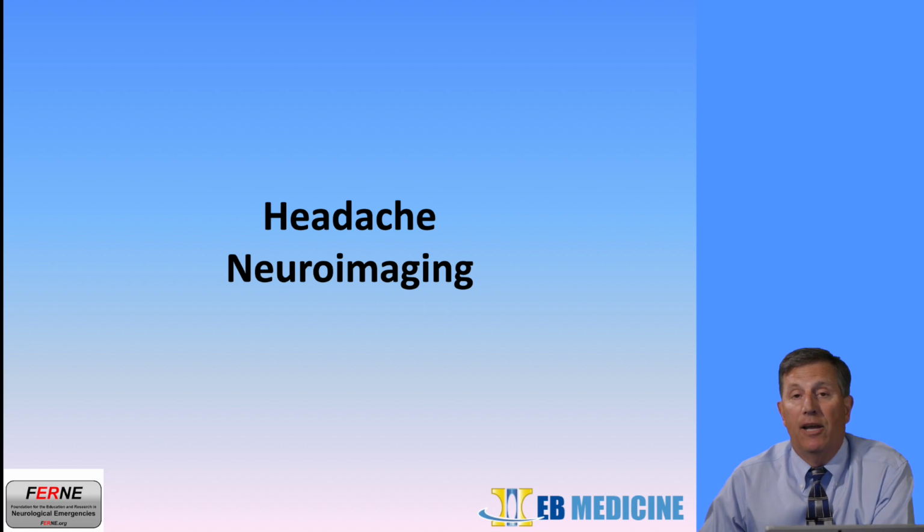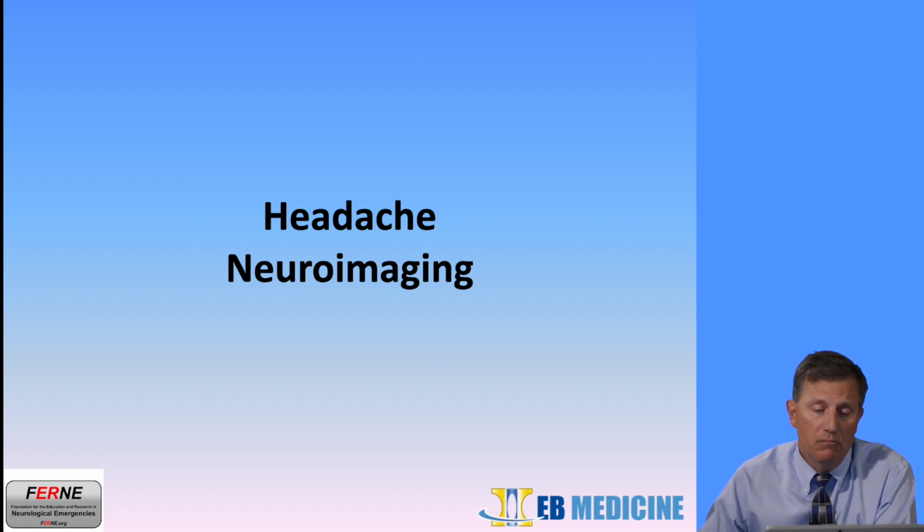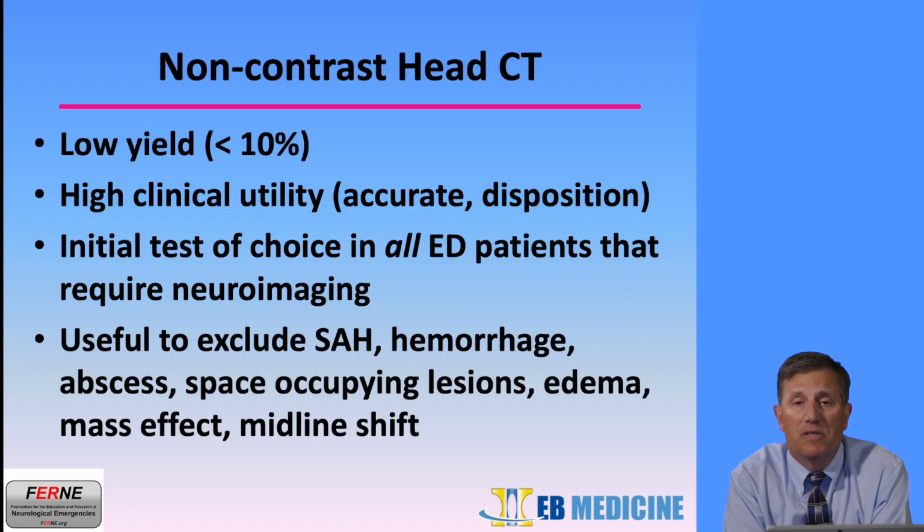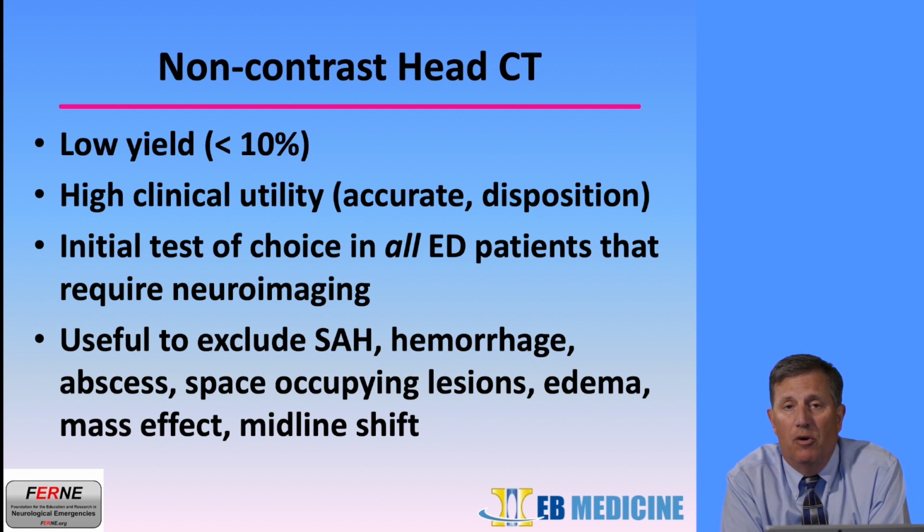Now, what about headache neuroimaging? The most commonly used first neuroimage test is a non-contrast head CT in the emergency department. We understand that this test is relatively low yield, that in most all settings, the yield for a positive finding is less than 10%. However, the presence of a negative non-contrast CT has a high clinical utility.